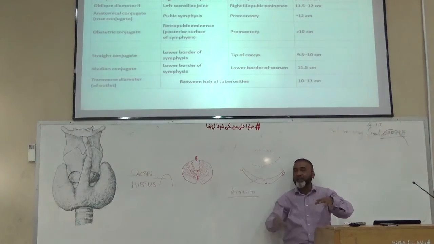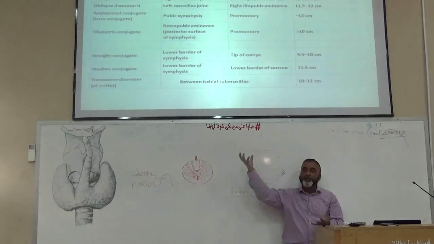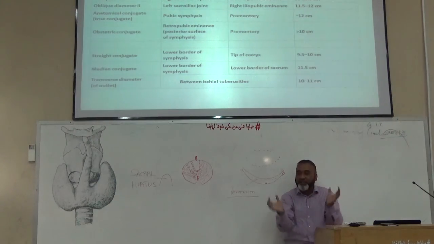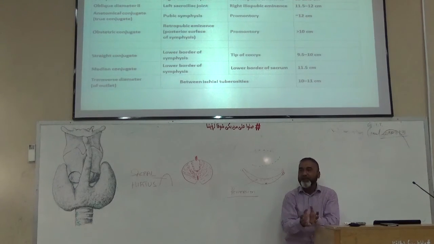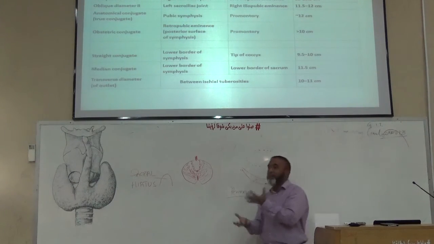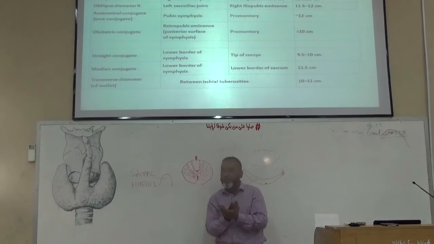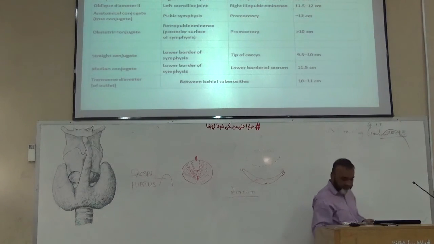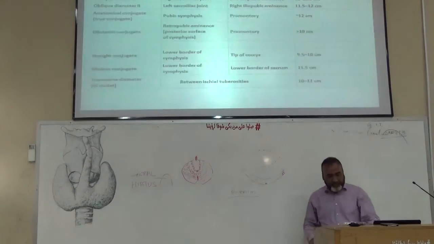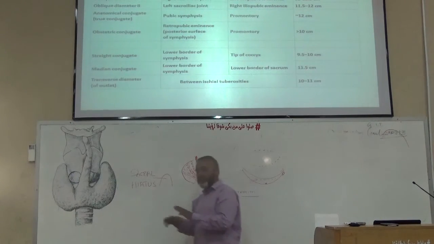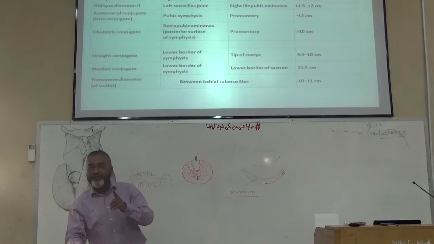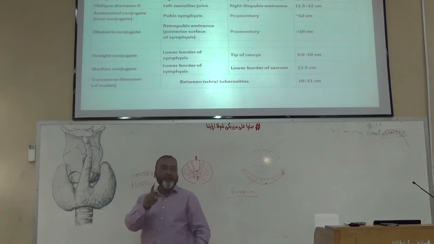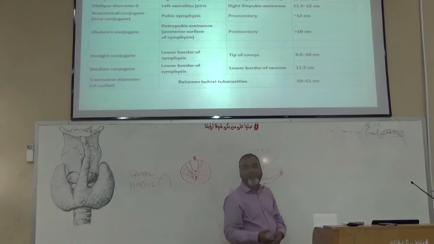Different measurements are there. The gynecologist usually uses them to see the capacity of the pelvic cavity, so that the baby does not have any problem while passing through the birth canal. Yes, any question? It is all for two things, the bony pelvis and the pelvic diaphragm. If you have any question.